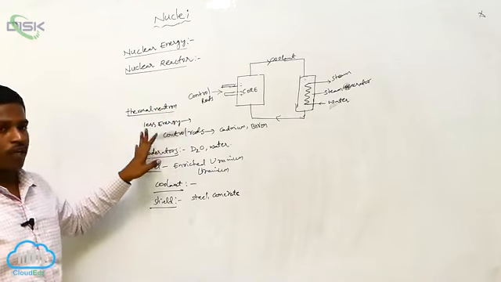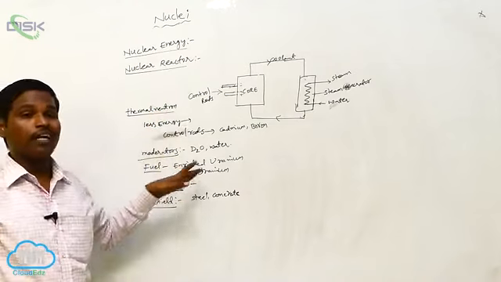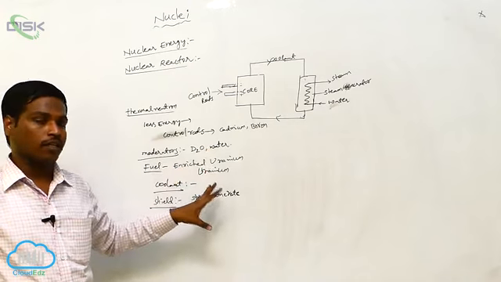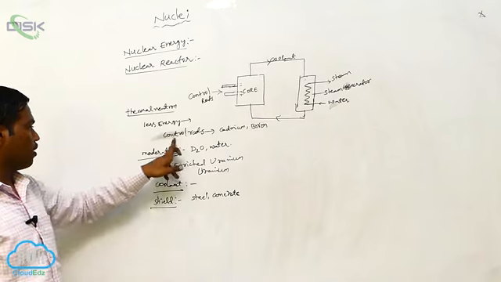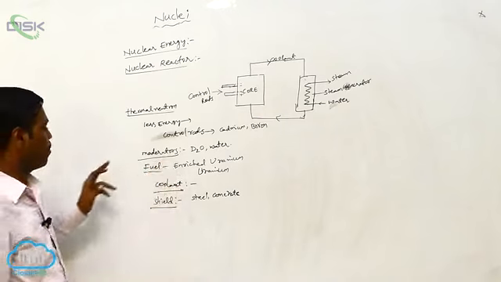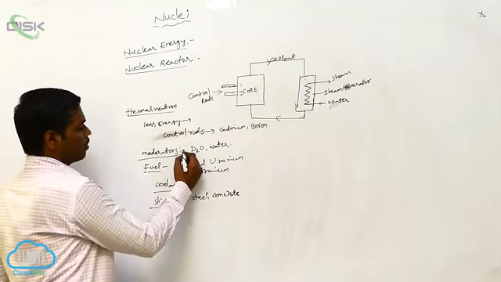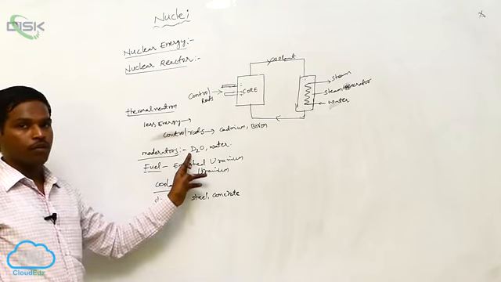This is the nuclear reactor, and this nuclear reactor works on the principle of controlled chain reaction. In this mainly fuel, moderators, control rods, coolant, and shielding are used. Here these moderators slow down the neutrons.